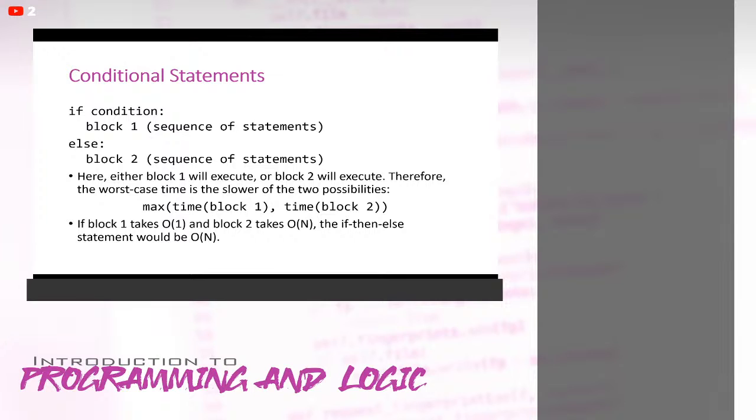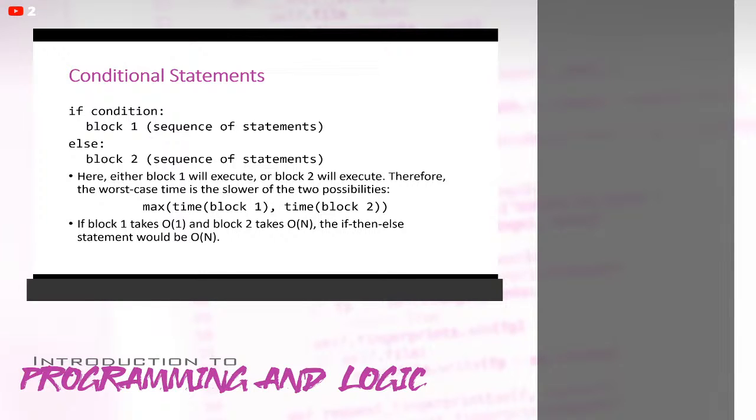So if only one of these two conditions is going to execute, we're going to use the big O value that belongs to the larger condition block, whether that's the if block, an elif block, or an else block.